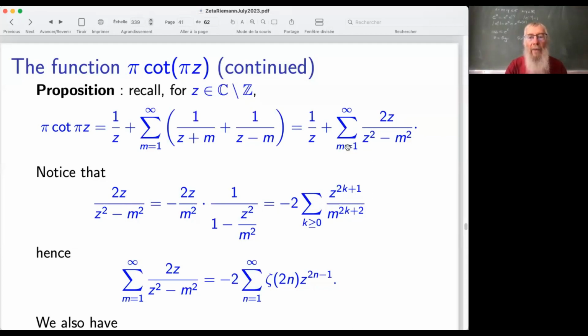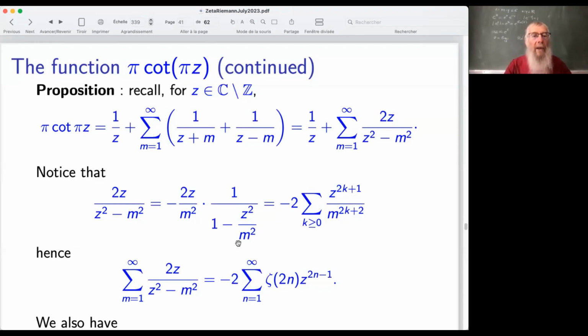And now we have to make the sum for m equal 1 up to infinity of this series. And so we have the sum over m of 1 over m to the 2k plus 2. k was starting at 0, we change k plus 1 into n, and so n goes from 1 to infinity. We have zeta of 2n and z to the 2n minus 1.